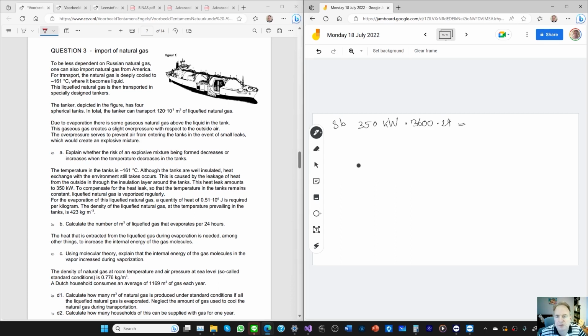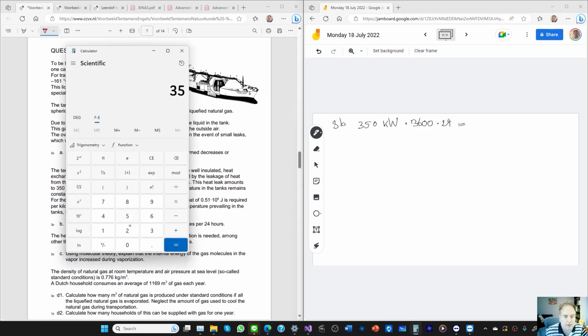Then this is the number of joules times 3,600 times 24. I also need to multiply with 10 to the power 3. So 3.024, and let's just keep these significant digits, times 10 to the power 10 joule.